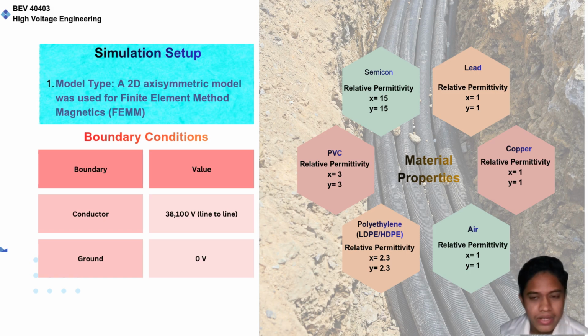While for the polyethylene or LDPE or HDPE, the relative permittivity for epsilon x and epsilon y is 2.0, which we put inside our simulation in FEMM. And the last one is the PVC, the relative permittivity is x equals 3 and y also equals 3.